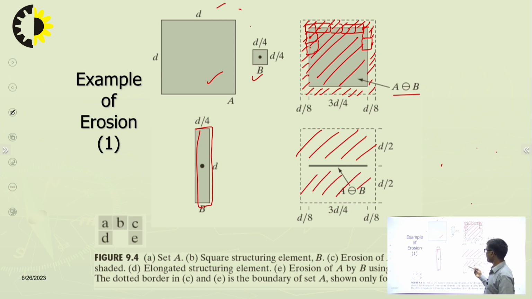So, what is happening basically, we are putting this B somewhere here on the A and translating such that it is a part of A, and if it is, then we include that pixel. So, we are including this and this. Finally, we got this as the erosion.